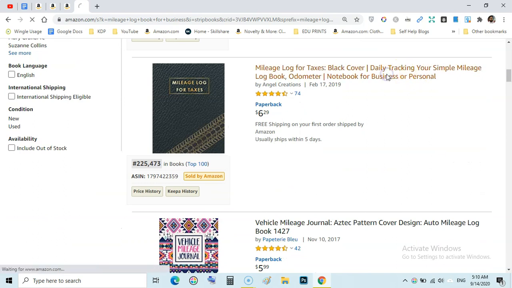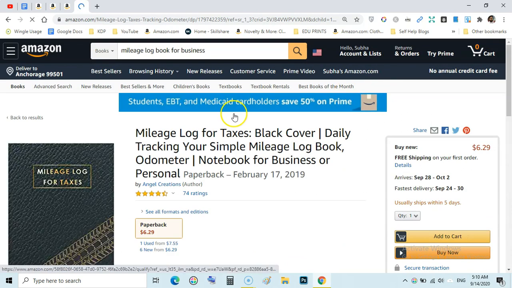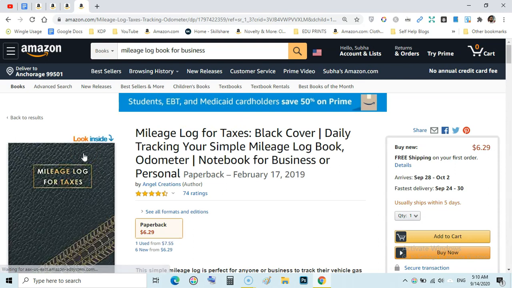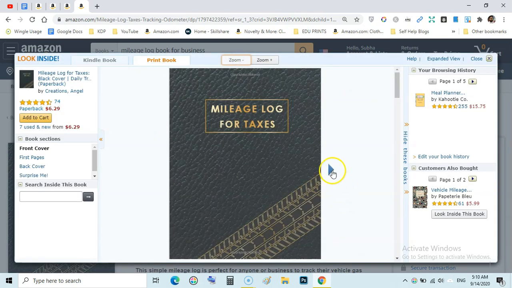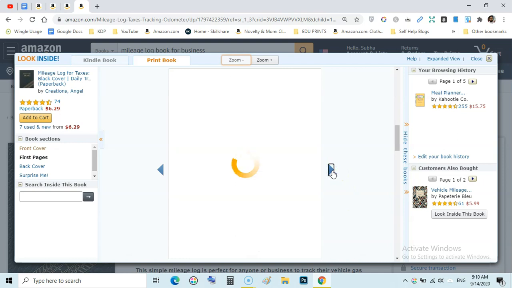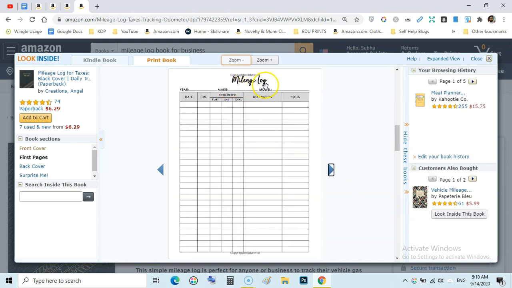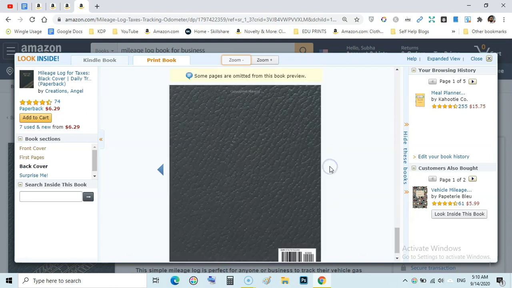This one is mileage for taxes, and let's see if it allows us to look inside. You can see there is text, so it also falls under the category of low content books.